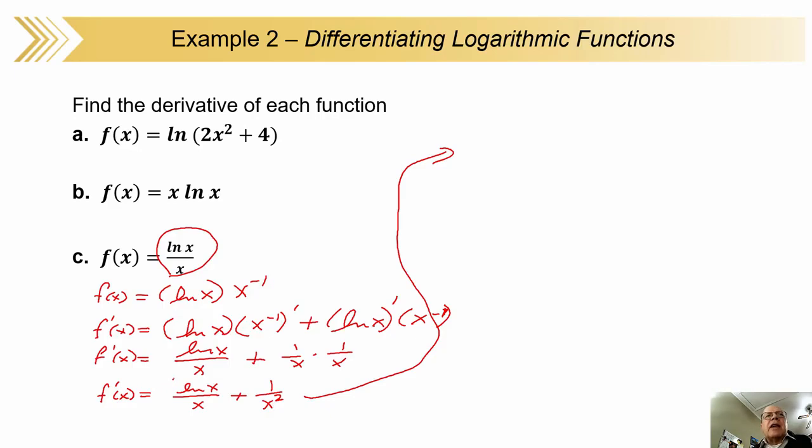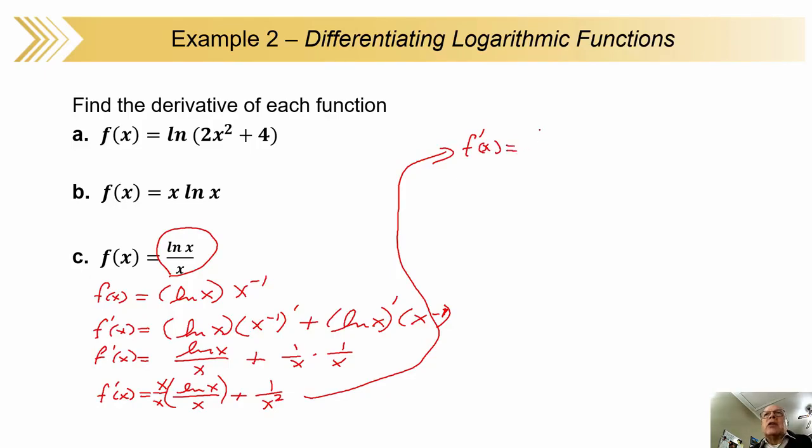So if I take x over x times this one, I'll actually have a common denominator. So our derivative could be written this way. Now you can write it either way, that's fine. I just wanted to show you some extra.